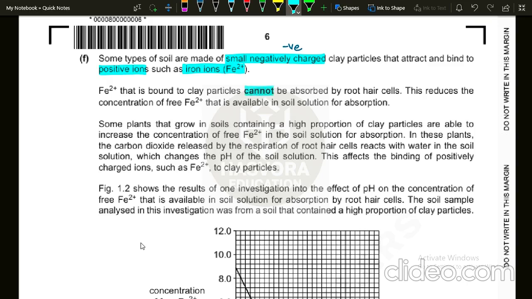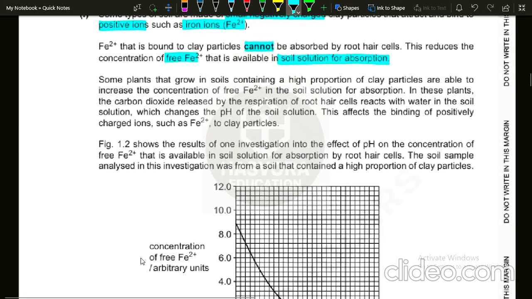This reduces the concentration of free Fe2+ that is available in the soil solution for absorption. Some plants that grow in soils containing a high proportion of clay particles are able to increase the concentration of free Fe2+ in the soil solution for absorption. So now they are telling us that some plants have the capability so that they can increase the free Fe cations, like it will just dissociate the clay particles from it so that it can absorb it.